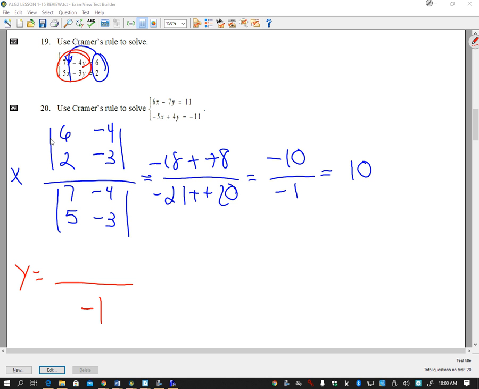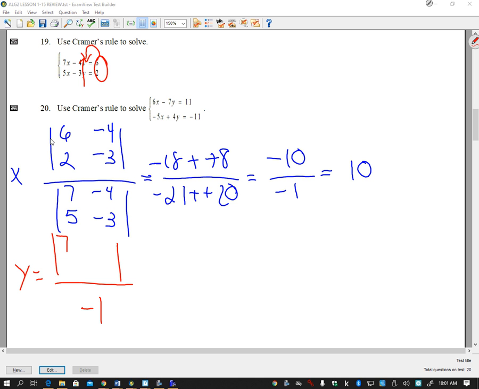But because now I'm solving for y, what do I substitute? Here, let's use the same color. What do I substitute 6 and 2 in for? My y values. So instead of having negative 4, negative 3, I'm going to use 6 and 2. And for my x's, I get to use my x's this time.